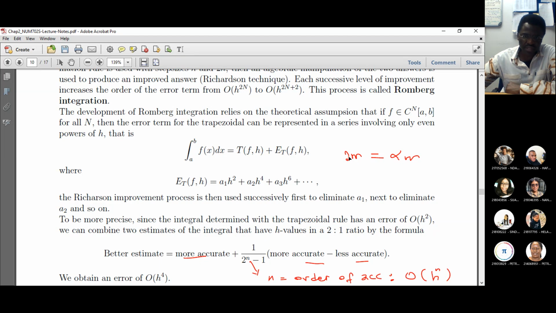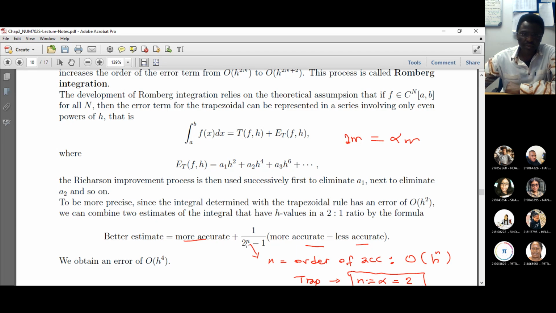If m is equal to 3, we are here. You see? 2, 4, 6. So here we will write m alpha, but alpha is 2 for the trapezoidal rule. So we replace n with 2m. So n is equal to 2m.